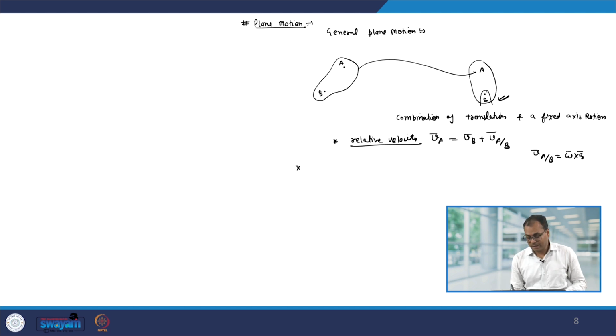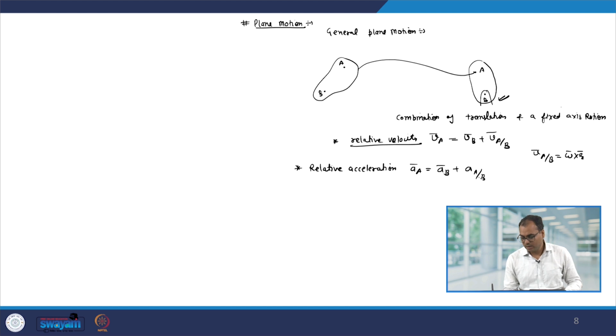and the relative acceleration of point A will be the acceleration of point B plus the acceleration of point A with respect to B. Now, AAB has two components, the normal component and the tangential component, because this is making a fixed axis rotation. So, we have the n component and the t component.